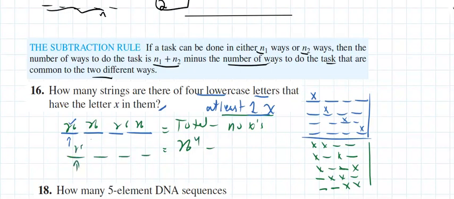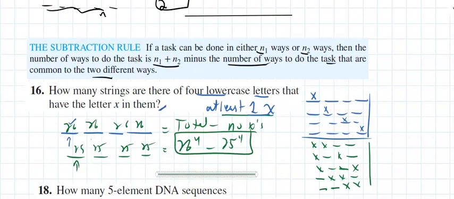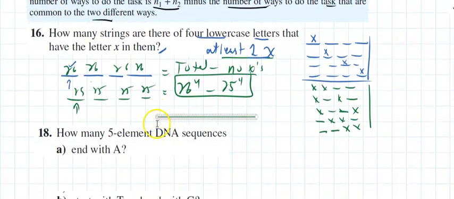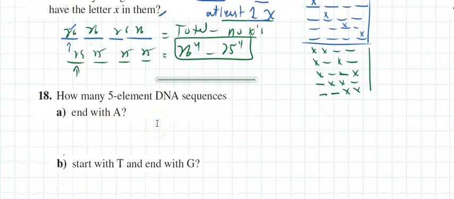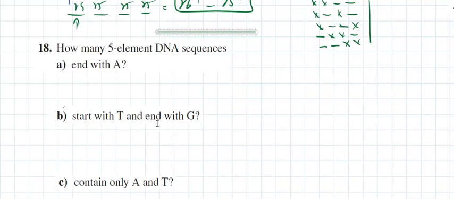Well, omit the x, omit the x, omit the x, and omit the x. Taking the total minus none is really the way to go. In probability, we say that's 1 minus the complement, but 1 is really the total number, 100%. Here we're dealing with the counting techniques, yet we're not into probability. It's easier to explain that in terms of probability than it is in terms of counting.